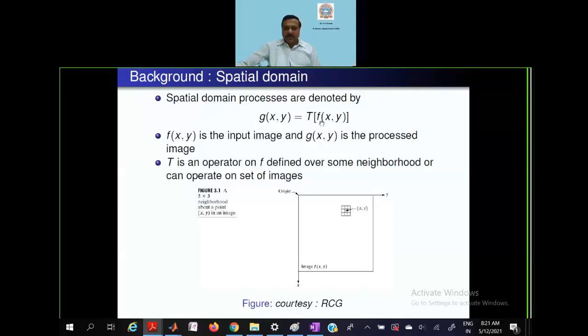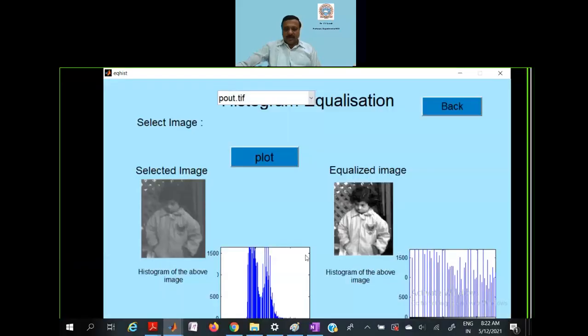So f of x comma y is the input image, T is the operator, and g of x comma y is the processed image. In this case, I can call this an enhanced image, and this is the original image. That's exactly what I did here. A simple operation is used. You are going to do it in the next one or two classes. So I just took the original image, applied some operation on it, and I got this image.